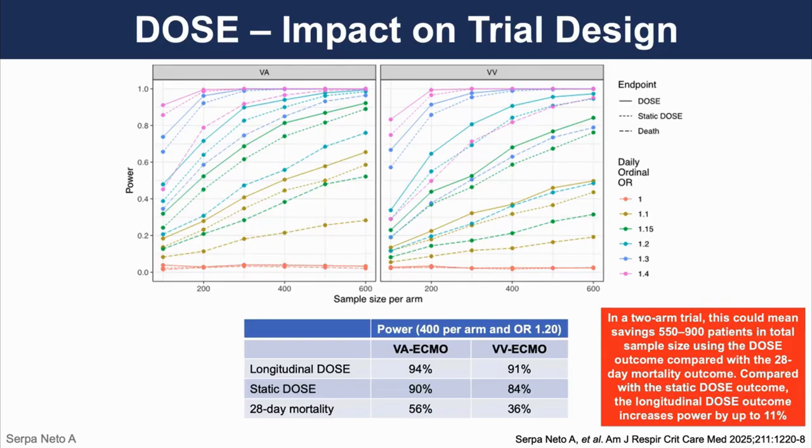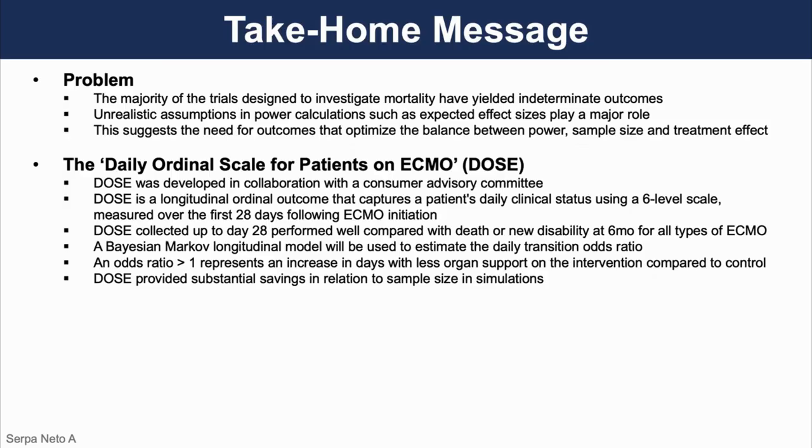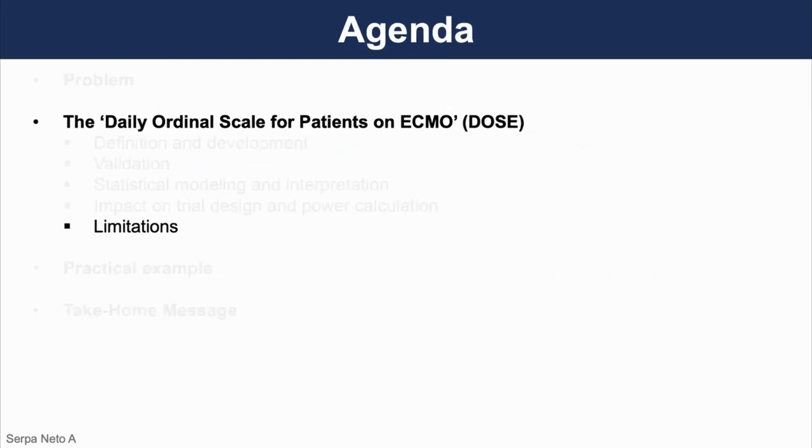So it's an outcome that very consistently will result in higher power than the traditionally used outcomes. Based on our simulations, those provided very substantial savings in sample size compared to mortality and static DOOR. So what are the limitations?